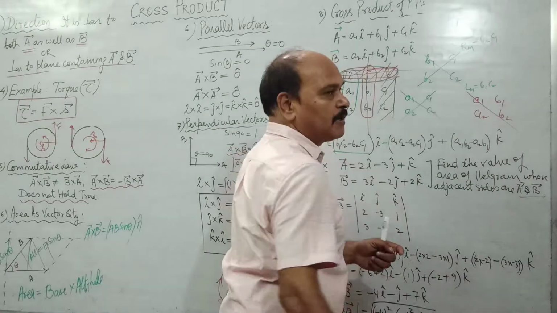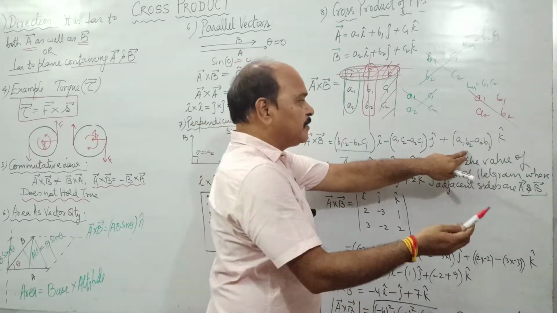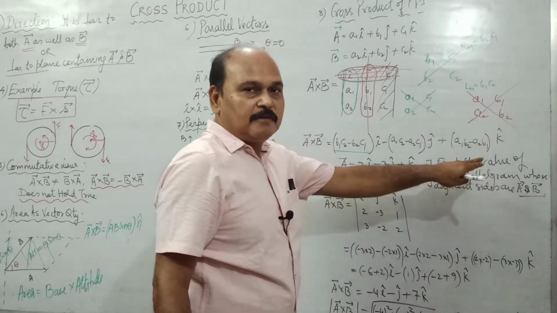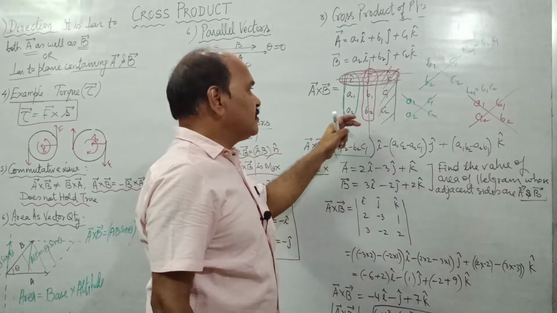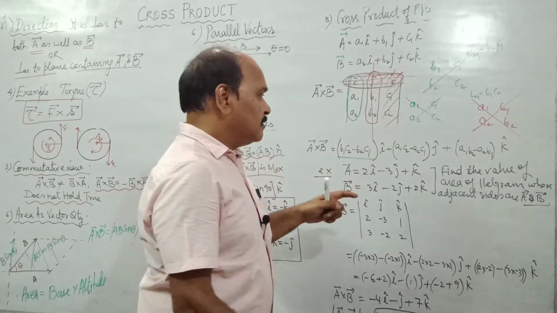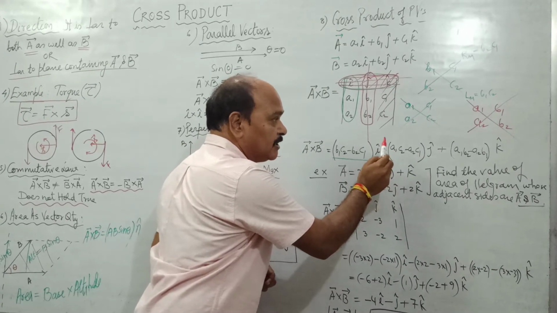As usual, we multiply the left diagonal elements A1 B2, and from that we subtract the right diagonal elements A2 B1. So that's how we find the coefficient of I, J and K. Remember, when we write down the coefficient of J, we have a negative sign already here.